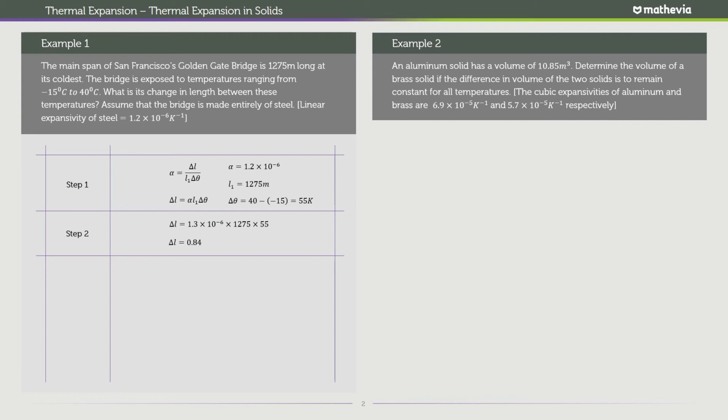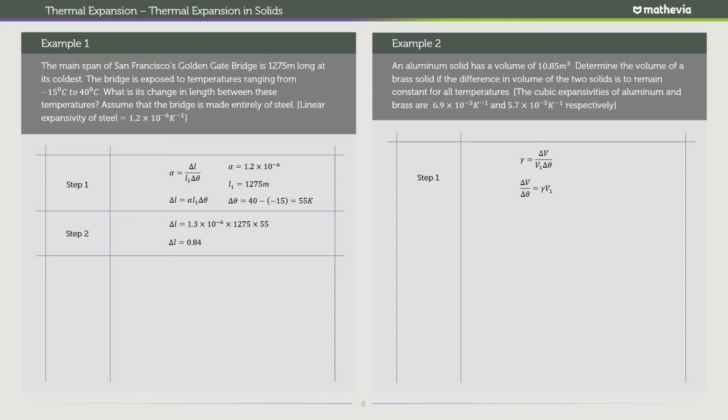Okay, and we're given the cubic expansivities of aluminium and brass at 6.9 times 10 to the power of minus 5 per Kelvin and 5.7 times 10 to the power of minus 5 per Kelvin, respectively. So where do we start? Now, we have that gamma, our cubic expansivity, is change in volume divided by initial volume times change in temperature.